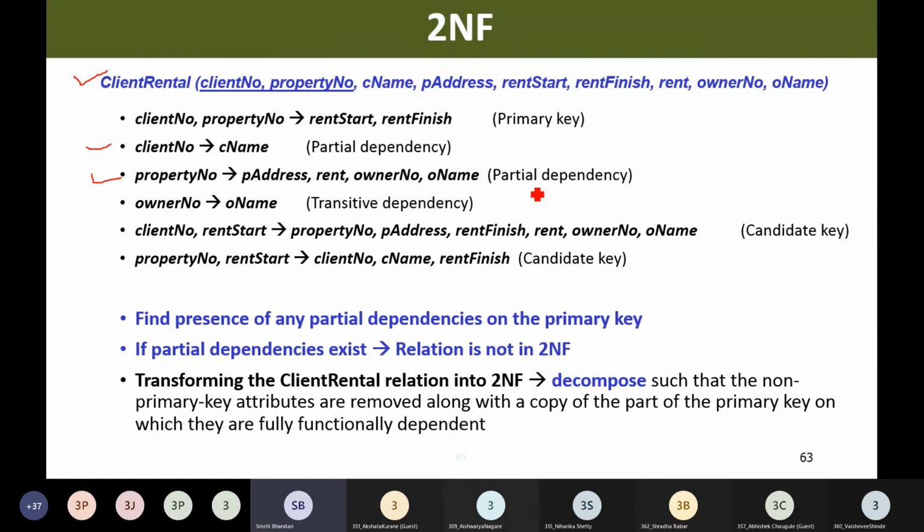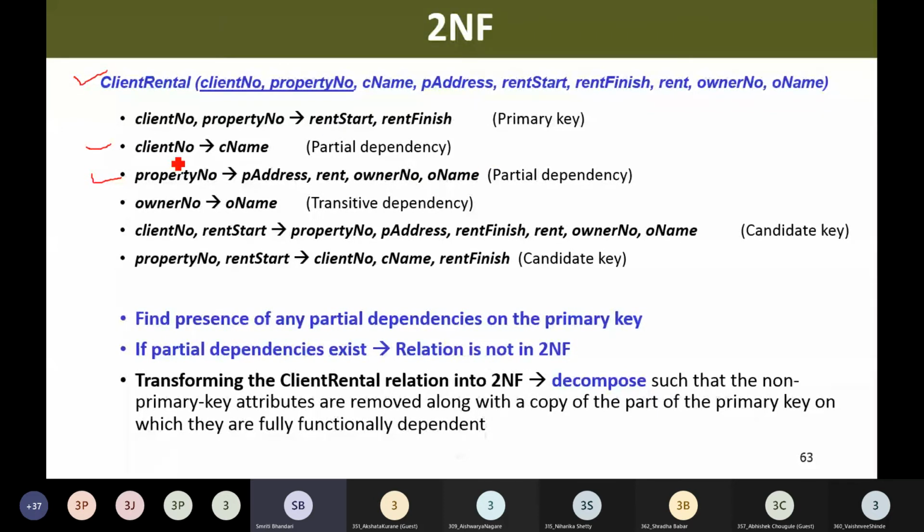So we are going to decompose the relation such that non-primary key attributes are removed along with a copy of the part of the primary key on which they are fully functionally dependent.